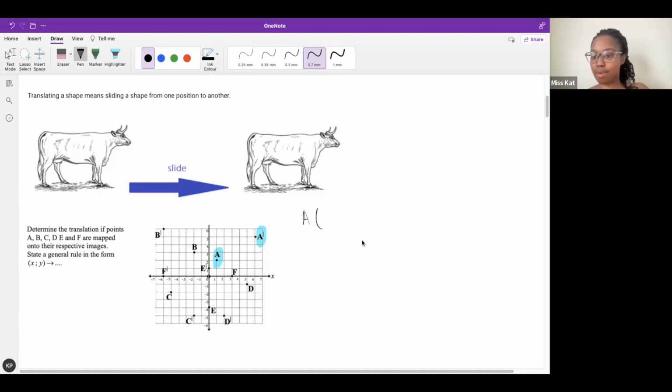I'm waiting for everyone who's staring at me to participate. Remember, mathematics is not a spectator sport, so you have to take part as well. Okay, Andis is already giving the coordinates of A prime as well. Remember, we're only doing A. Only A. So coordinates for A are 1, semicolon, 2, close your brackets.